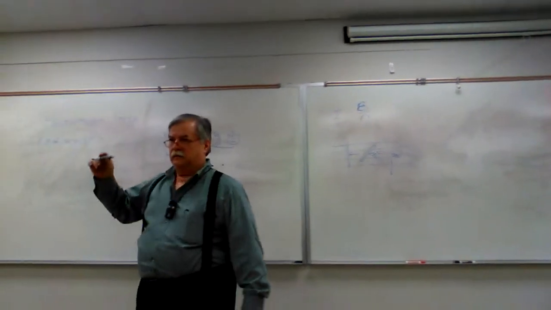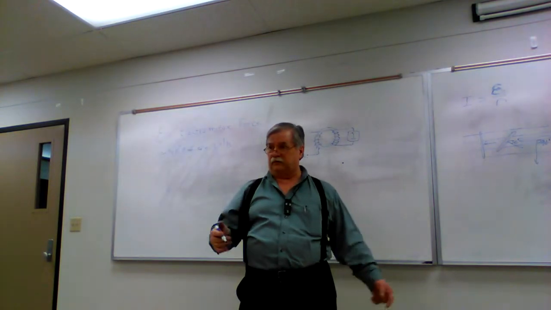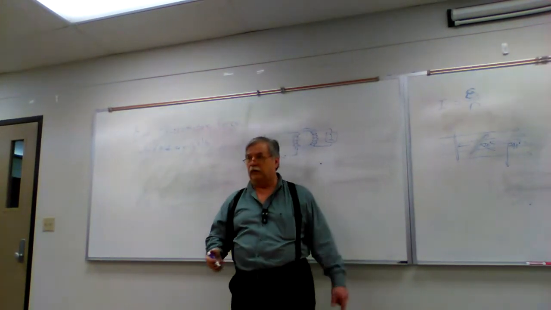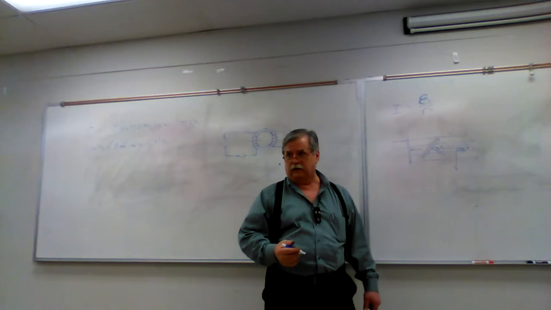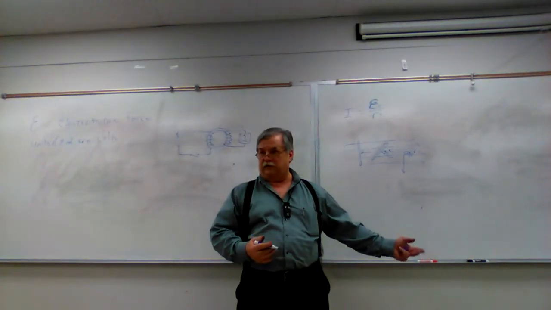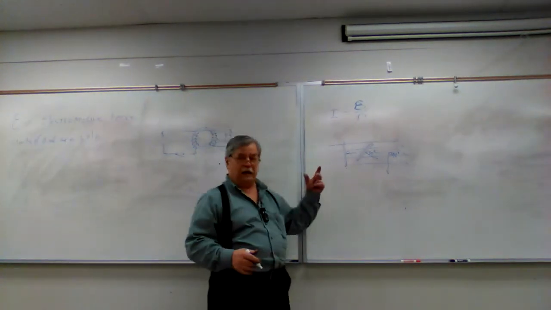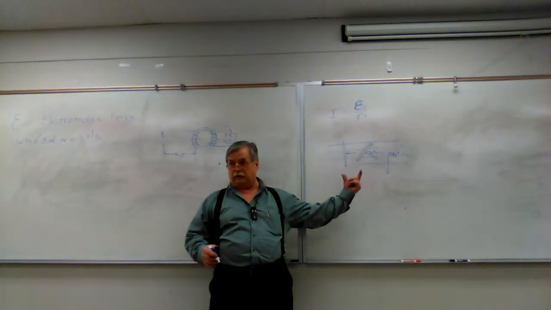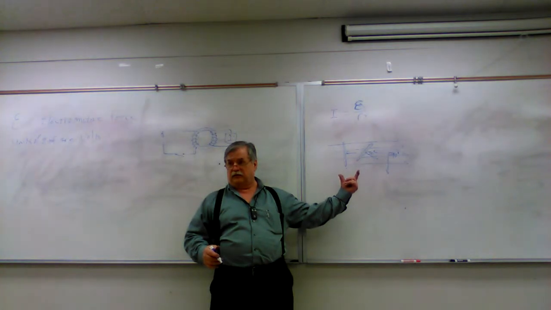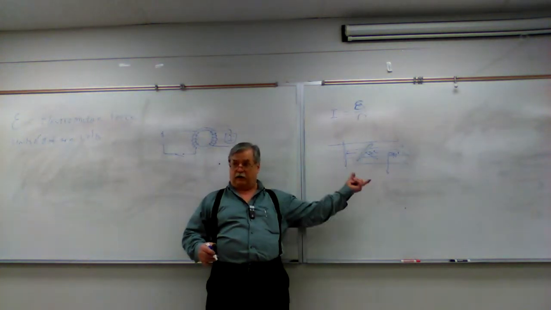That means before, when we were talking about the force producing the torque, we were looking at the parallel component of the magnetic field to the face of the loop of wire. Now we're talking about the perpendicular component of the magnetic field passing through this area, or through the area of the loop.